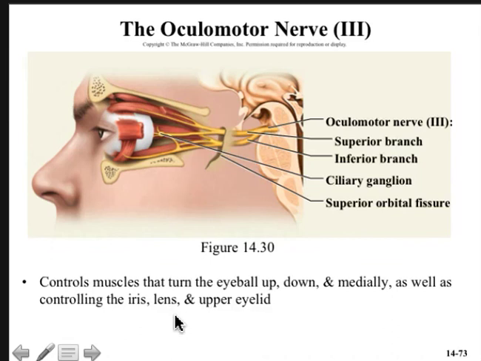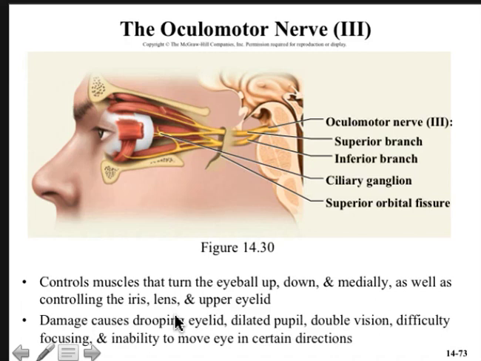Okay, so this is one of 3 nerves that we're going to see that control eye movement. Damage to it causes a drooping eyelid, a dilated pupil, double vision, difficulty focusing, and the inability to move the eye in certain directions.